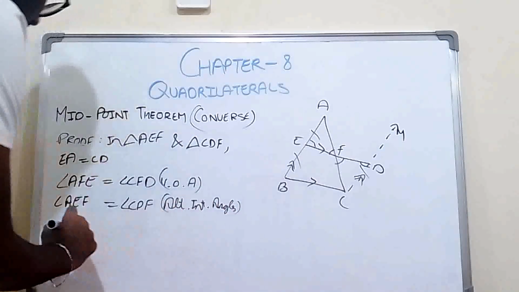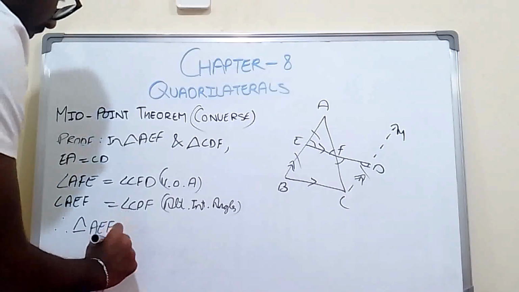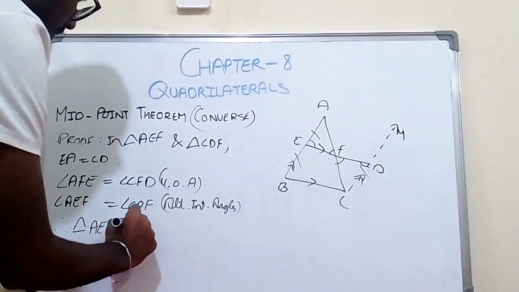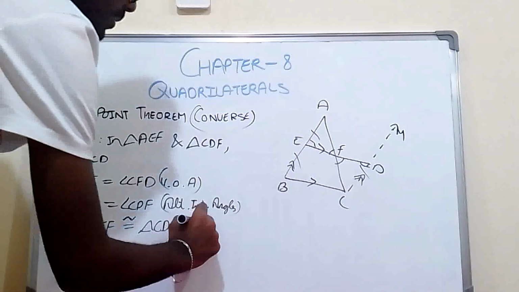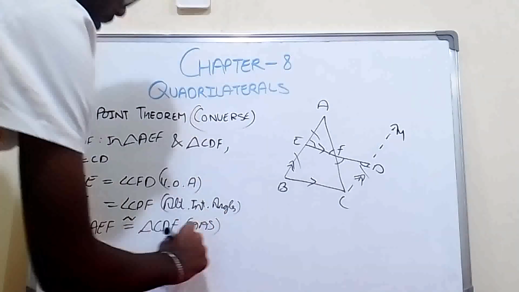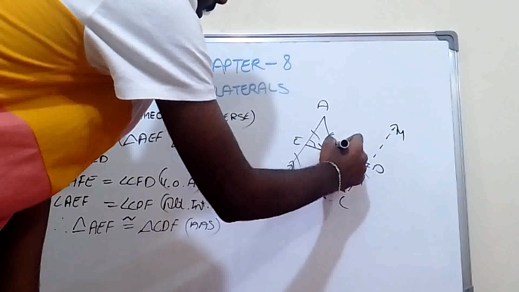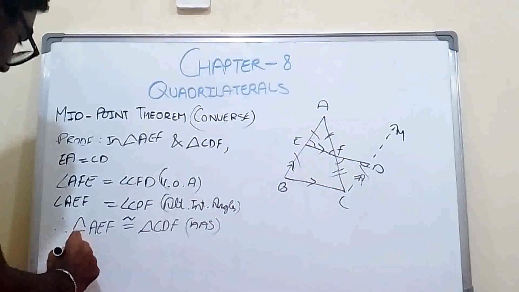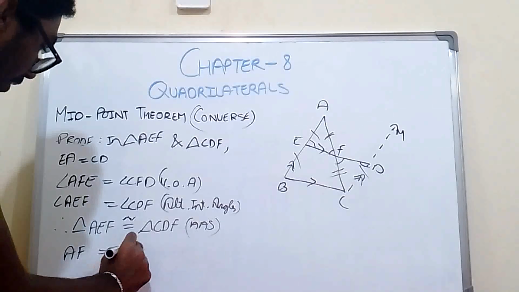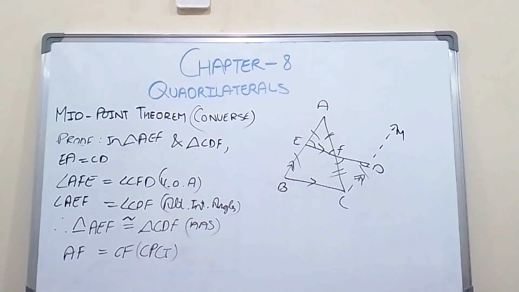So we can write that triangle AEF is congruent to triangle CDF using AAS. And as these two triangles are congruent, these two sides are equal because of CPCT. So AF is equal to CF due to CPCT. Therefore, F is the midpoint of AC. So we have proved the converse of the midpoint theorem as well.